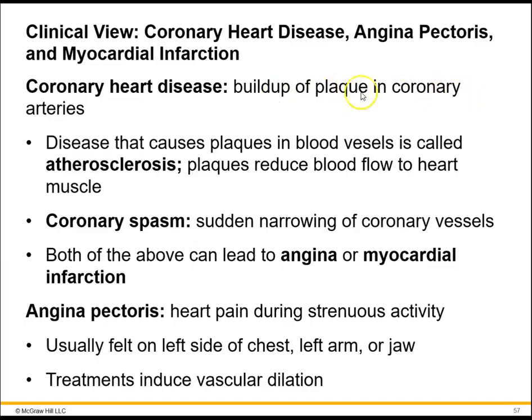A plaque is essentially a collection of lipids and cholesterol and some white blood cells and things like that that get inserted into the innermost lining of the arterial wall. Plaques can grow in size and reduce the amount of blood that can flow past them. And so they can grow to such a size that they completely occlude or block off the artery.